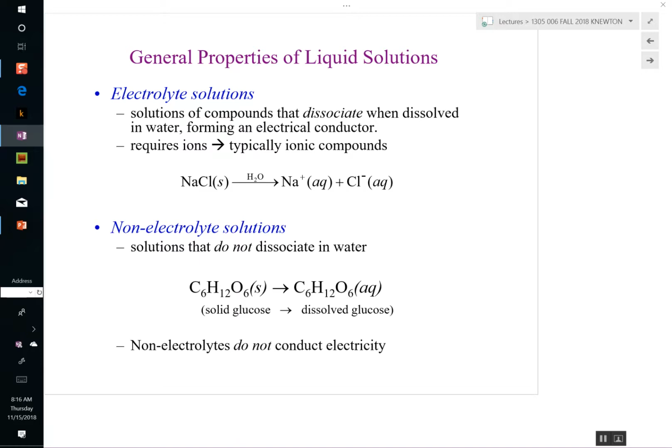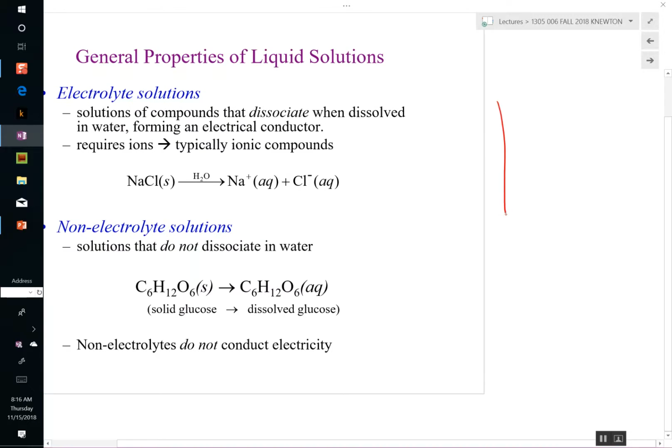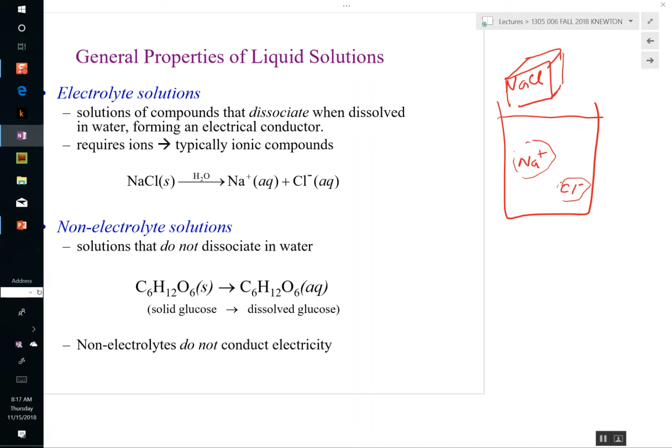Basically, if you take an ionic compound like sodium chloride, remember, it's crystals, a big array of sodium and chloride ions, and you put it in the water, what you will have floating around in the water are sodium ions, all surrounded by water, and chloride ions surrounded by water molecules. It will dissociate into the ions that make it up.